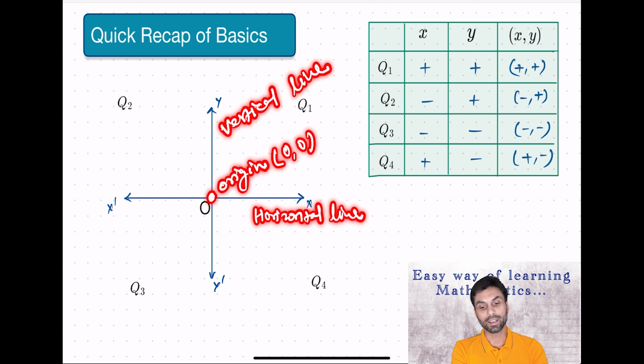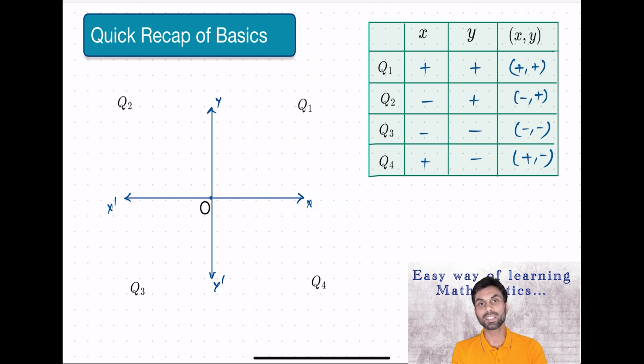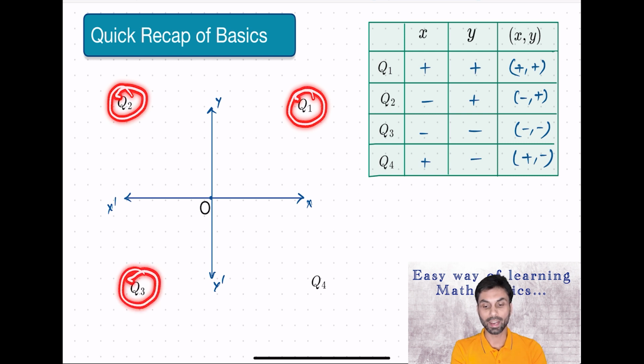Also, when we draw the x-axis and y-axis, it divides the entire plane into 4 parts. Each part is known as a quadrant. So here we have the first quadrant, second quadrant, third quadrant, and fourth quadrant.